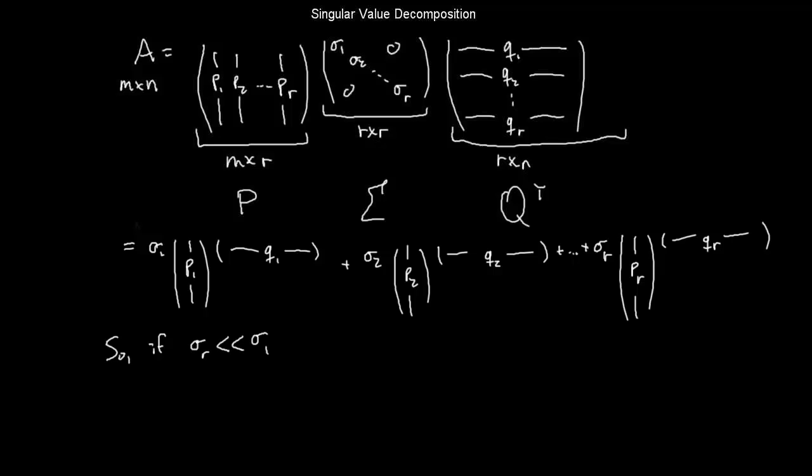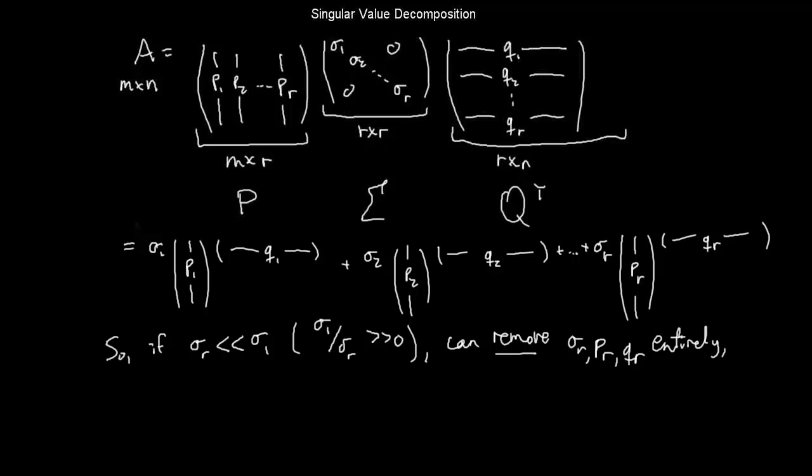What this means is that if sigma r, that's the smallest singular value of A, is a lot smaller than sigma 1, like the ratio of the two things is a very large number, bigger than your machine precision, then your sigma r is sort of inconsequential in the way that A behaves. And in some sense, you can remove that last term, the sigma r times the rth column of P times the rth row of Q, entirely, and get an approximation of A that might behave better.